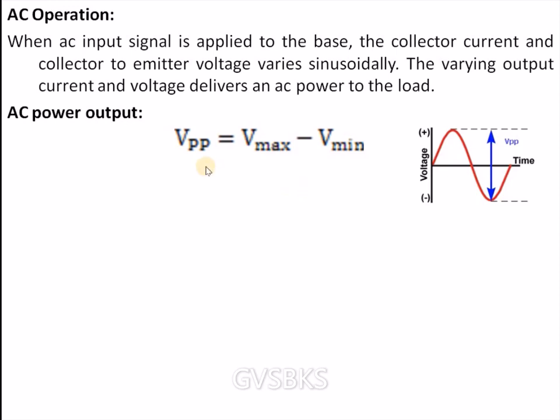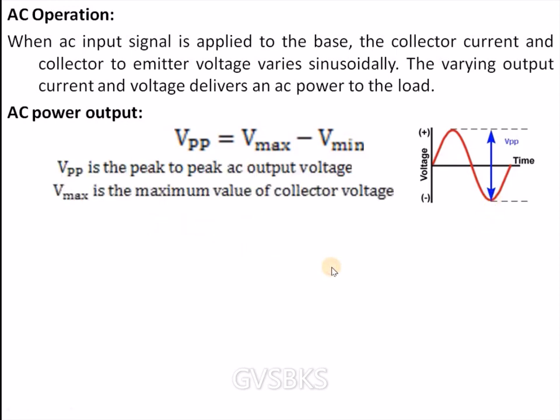The peak-to-peak value of the AC output voltage, VPP, is given as the maximum value Vmax minus the minimum value Vmin, where VPP is the peak-to-peak AC output voltage, Vmax is the maximum value of the collector voltage and Vmin is the minimum value of the collector voltage.